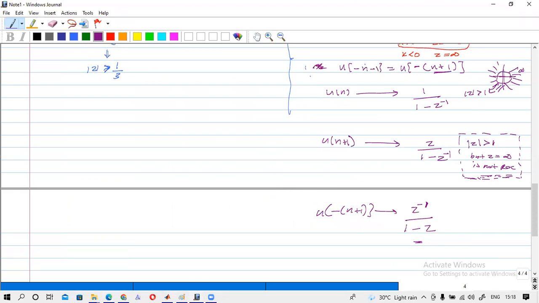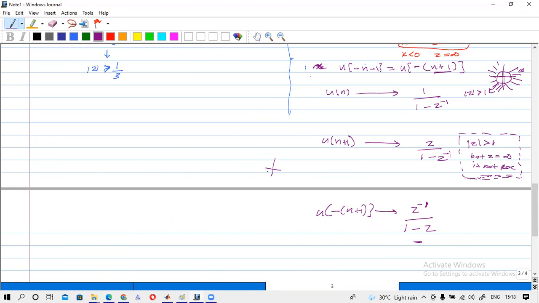If some X(z) has an ROC with some region, then if you get the time reversal of X(z), this value will be 1 by z. So this value will be changed to 1 by this value. Here the same thing happens.